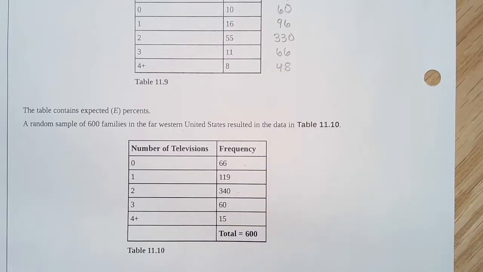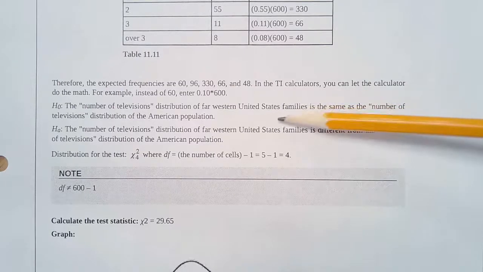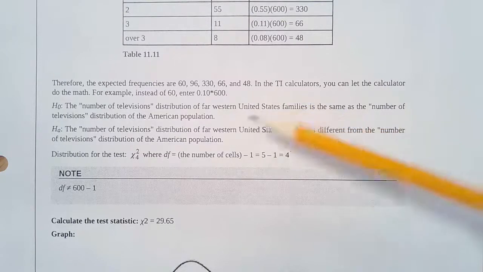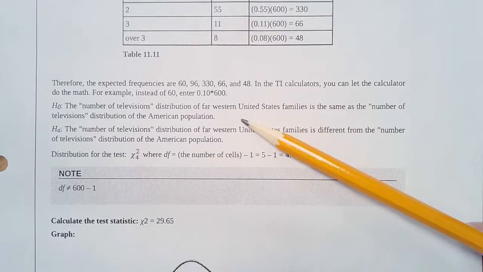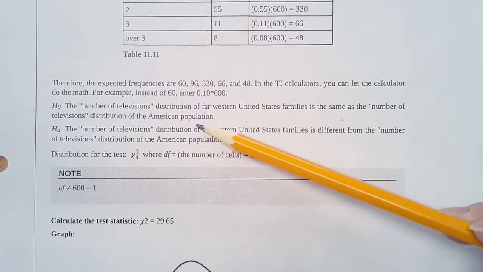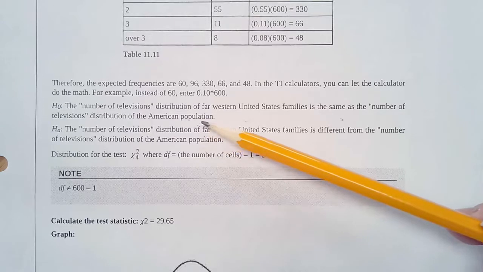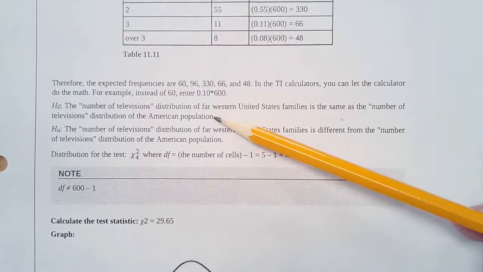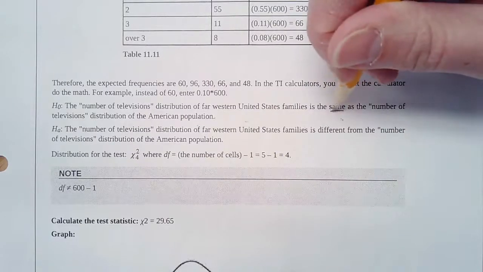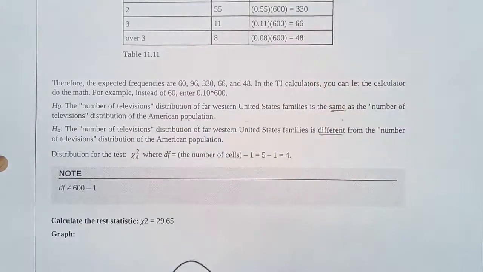So the null hypothesis says that the number of televisions distributed for far western United States families is the same as the number of televisions for the American population. Okay, so the null is saying that they are the same. The alternative is saying that they are different. We'll highlight that part. Okay, so that's our null and our alternative.